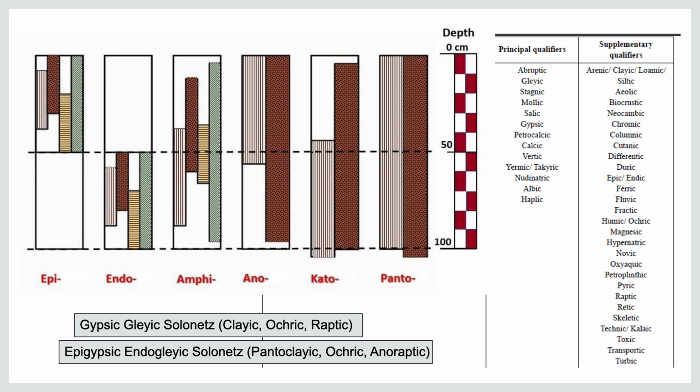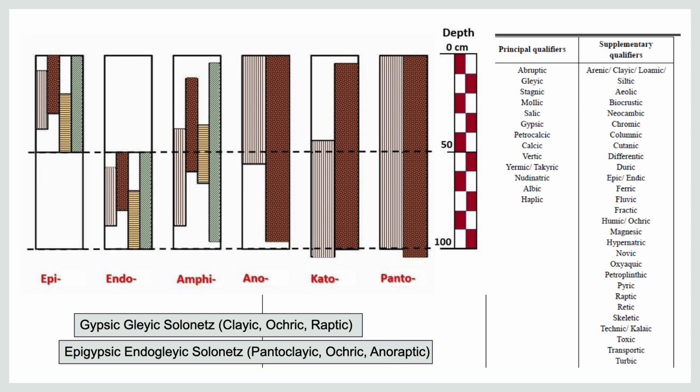So let's say that one specific horizon, for example the gypsic horizon, starts between 0 and 30. So at 30 centimeters we can register the gypsic horizon, but this gypsic horizon ends before 50. So ends around 40, 45. Okay, so between 10 and 40 centimeters, we can register the gypsic horizon.